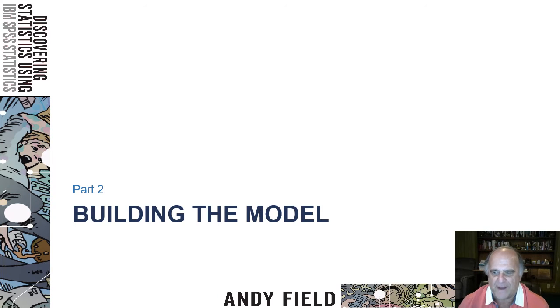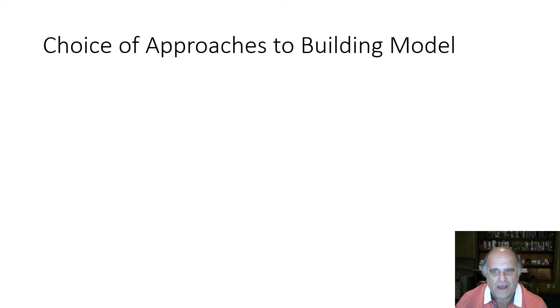Okay, building the model. This is part 2 of his. This isn't part 2 of ours. We're still in part 1 of our lecture for today. So when we build the model in SPSS or whatever we're building it, we actually have a lot of choices. There's probably even more choices now. Field doesn't really get into some of the more esoteric or exotic approaches to regression that are available.